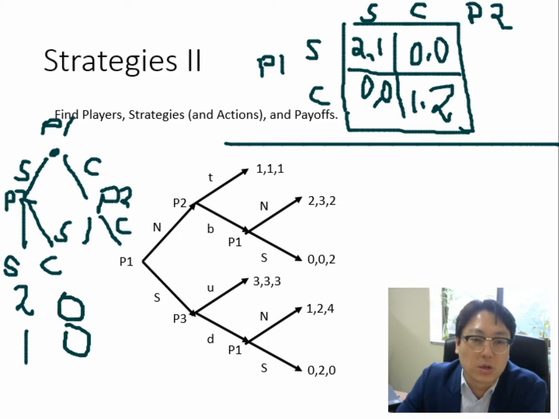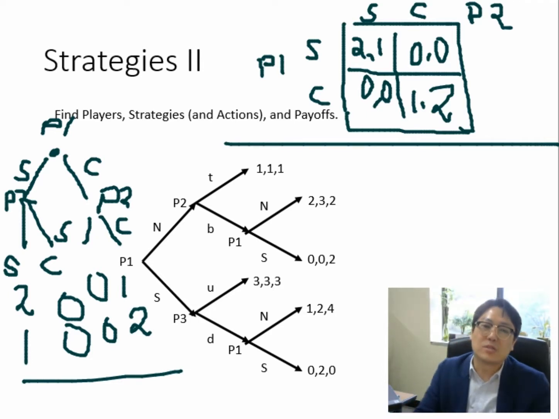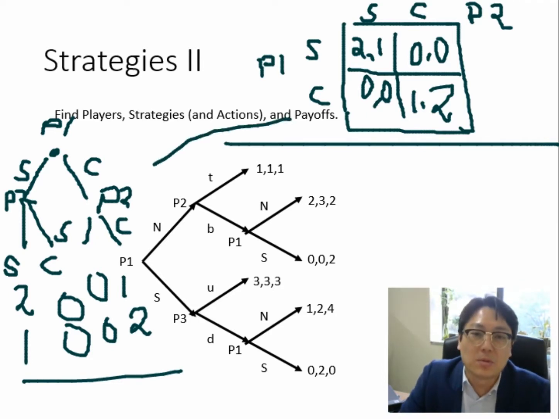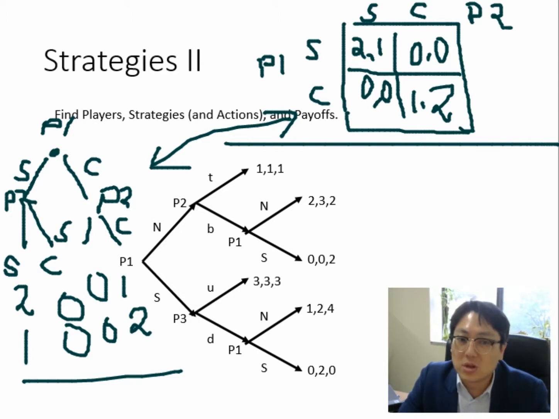Otherwise, they will get 0, 0, 0, 0, 1, or 2. Seems like this is representing this kind of game, but something is weird. What is the weird thing?